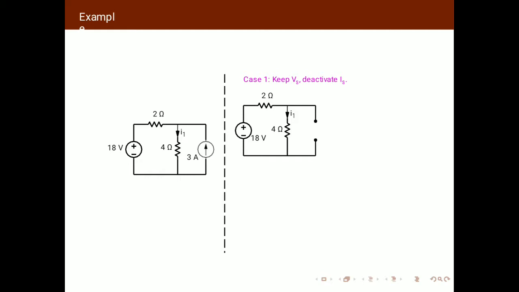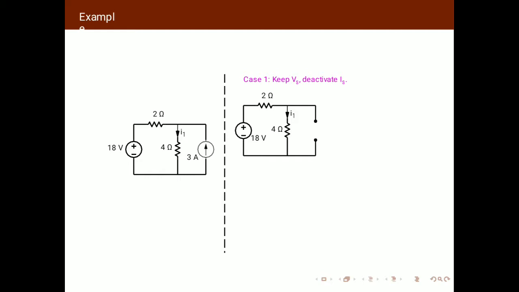Take case 1. In case 1, Vs is kept the same as it is in the circuit, so the 18 volts and 2 ohms are in series, and we deactivate the current source of 3 amps. The current source is denoted by the arrow within the circle.